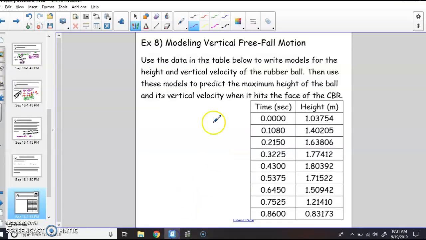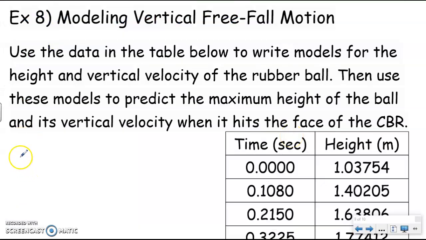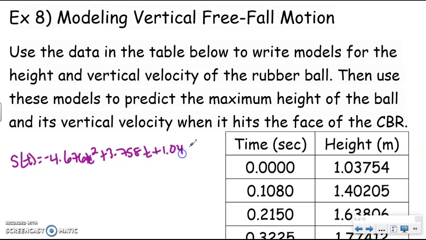Okay, so I'm going to go ahead and write this down. So I have S of t equals negative 4.676 t squared plus 3.758 t plus 1.045.